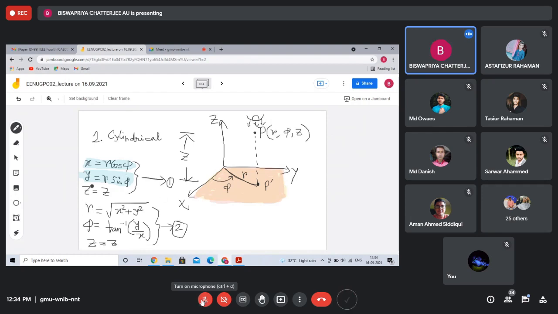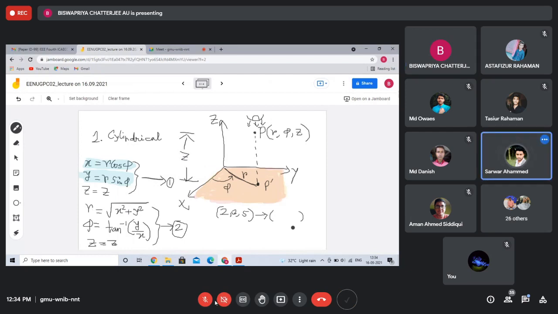So if a point is given as 2, 3, 5, you need to find its equivalent cylindrical system coordinates. You can do it, right?